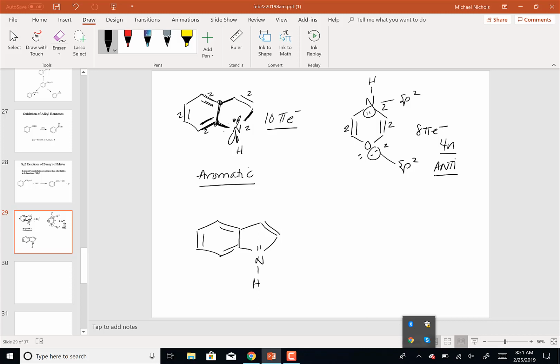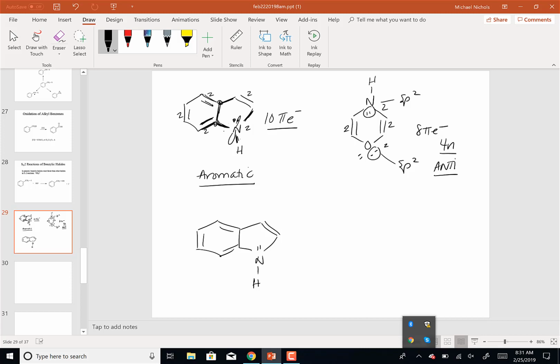In order to do that, both the nitrogen and the oxygen have to choose to become sp2 hybridized. Will they do that? They won't deliberately choose to become super unstable.